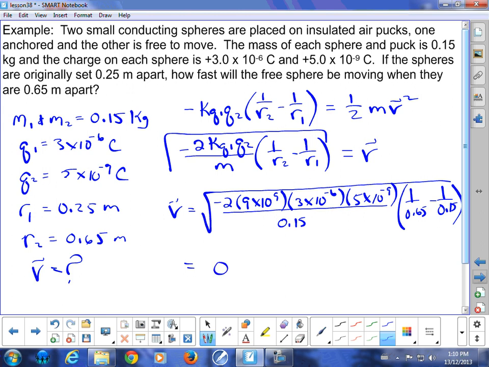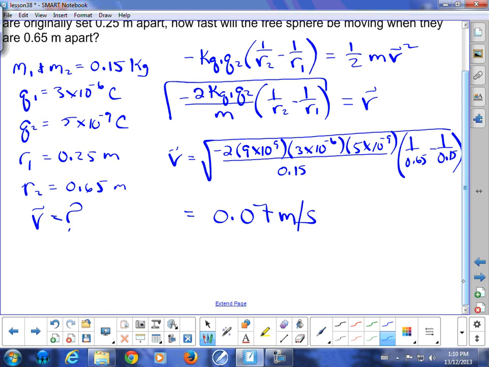And I end up with, or at least when I tried it, 0.07 meters per second. So you want to double check that, making sure you can actually get that calculation, or make sure you know how to use your calculator, I guess, is the challenge here. So the final velocity is 0.07 meters per second.